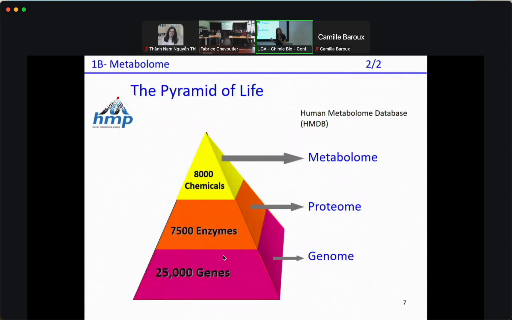What differs between pathologies, between stresses, is the metabolic profile. This is a fingerprint. You all have a different fingerprint, and it is the same for metabolomics. It is always the same molecules because the set of metabolites is small, but it is a combination of all these metabolites which is specific to a given pathology, a given reaction, a given stress.